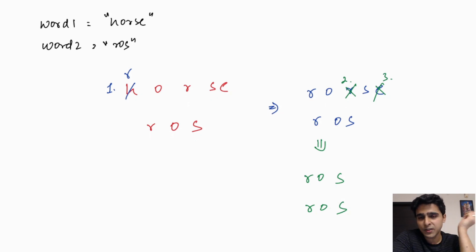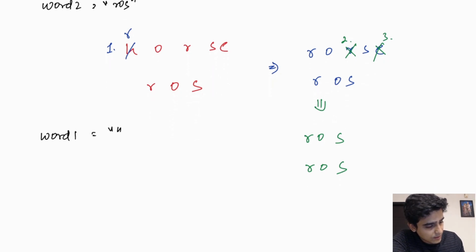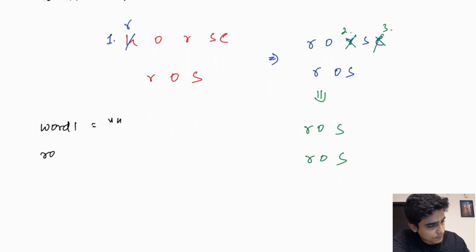Now it looks very difficult, because there are so many ways I can remove any character or add any character. How do you know? Let me give you a very simple example. Let's say your word1 is empty and word2 is AB.